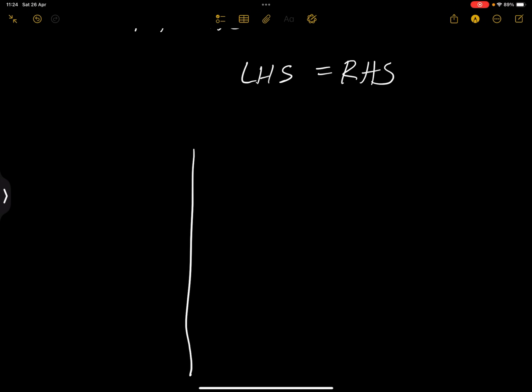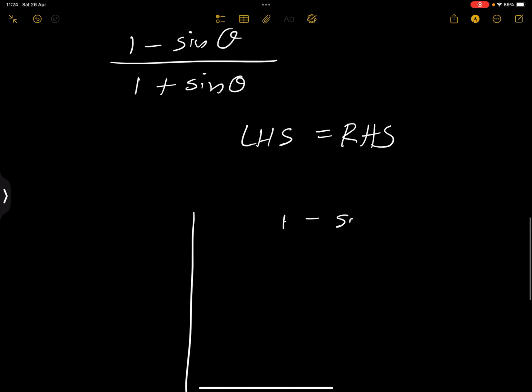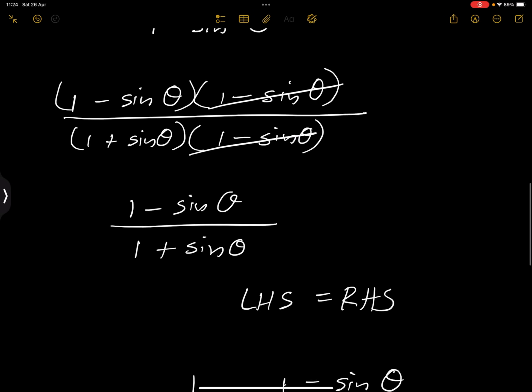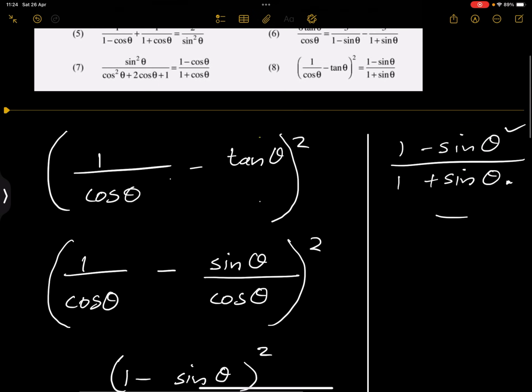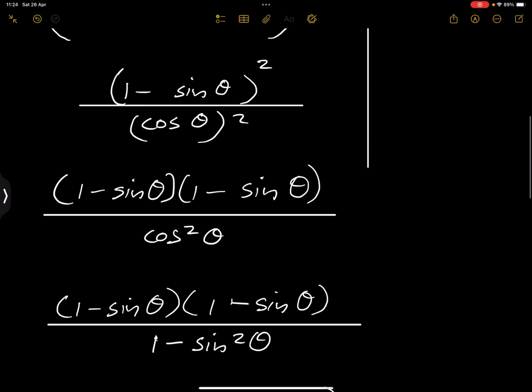Okay. So once again, on the right hand side, you had that 1 minus sine theta over 1 plus sine theta. Now I showed you how, when we did question 7, that you can actually just make sure that, when you look at this, I ended up with cos squared of theta on the left hand side.